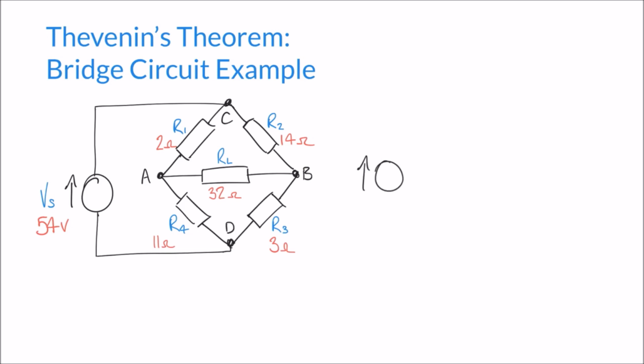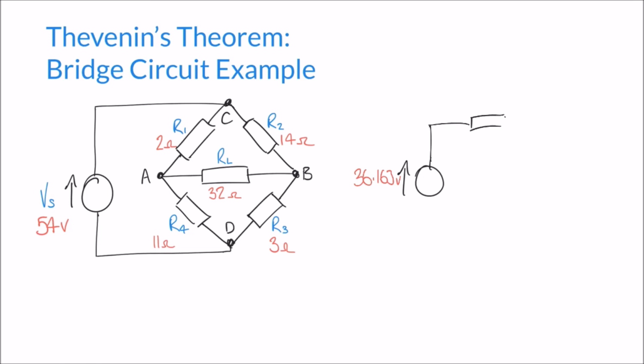We have a supply voltage of 36.163 volts, and we have our single Thevenin resistance, so we'll draw that in series like so.